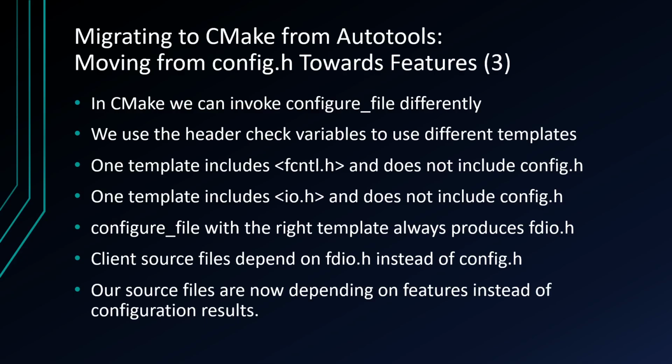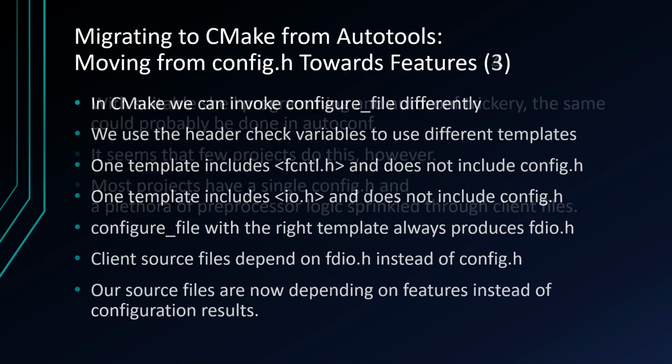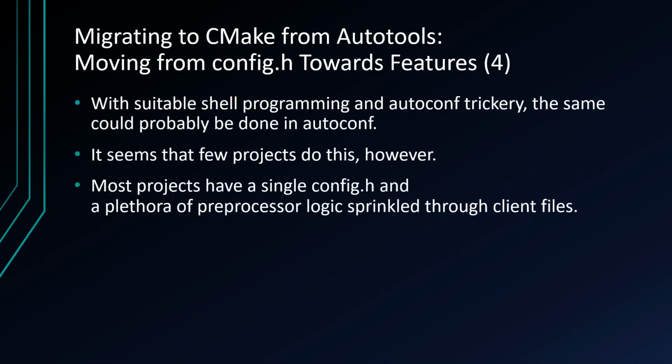They're not coupled to config.h, and they only depend on the specific feature, the results of identifying how to consume file descriptor IO. No other configuration changes will cause those clients to be rebuilt, as long as it's only the file descriptor IO that they depend on.